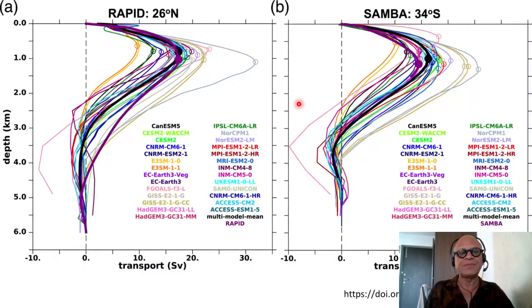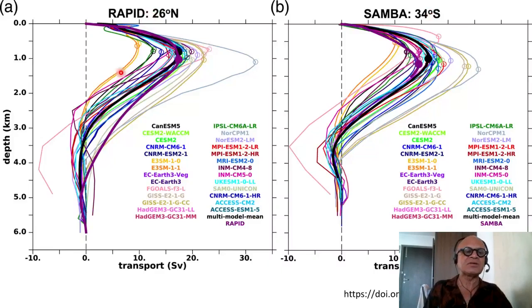Okay, this is the comparison of various models used in CMIP 6. It doesn't matter which versions you use, and these are transports in the Atlantic meridional overturning circulation being compared at two sections from where observational estimates were made, the so-called RAPID section at 26 north and SAMBA, which is at 34 south, which we'll look at in a minute.